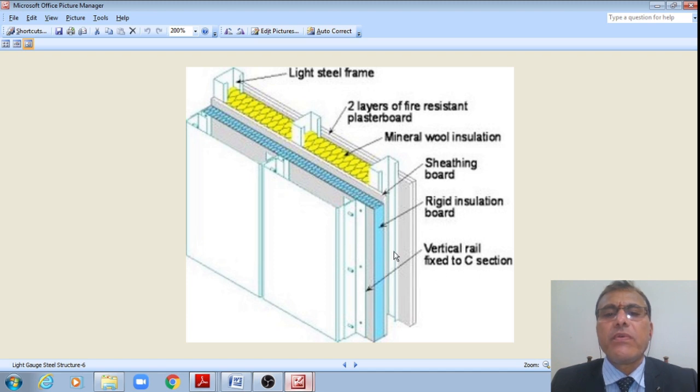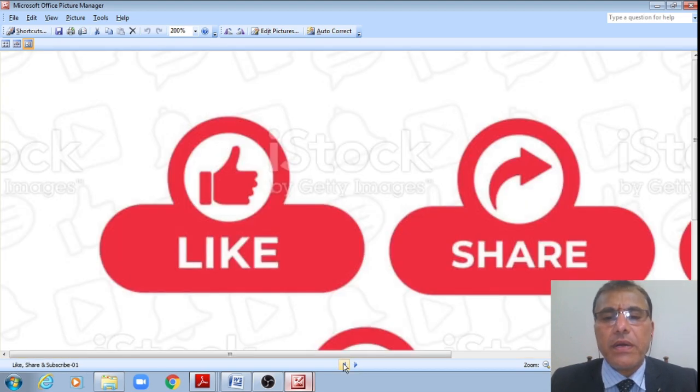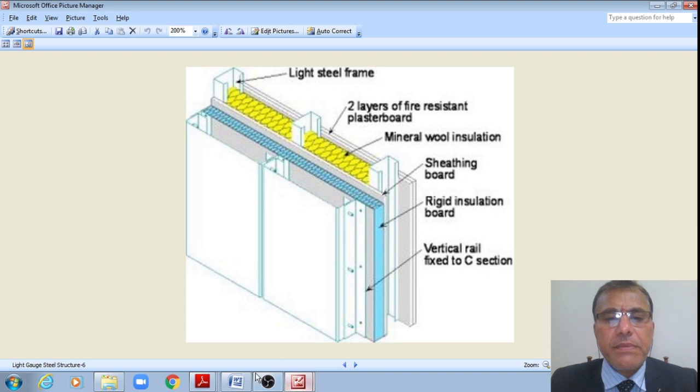And even we can have the vertical rail fixed to this C section, so that there we can have the wall claddings as appropriate, or the skin materials. Nowadays even we are using the skin materials also, right? And this is how the different schematics of the light gauge steel structures, right?